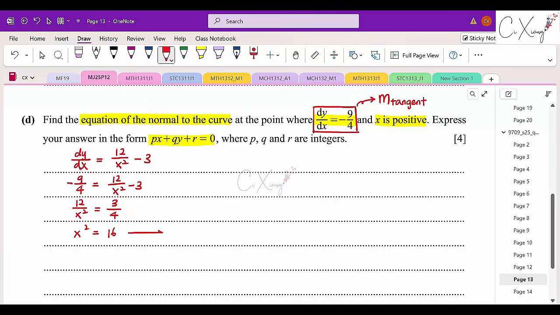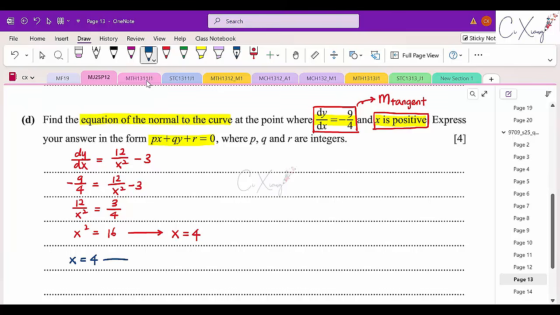For this question, they are talking about the positive value of x only. When you solve this equation, you get x equals plus or minus 4, but we only consider the positive value, therefore I only take x equals 4. Now that I know x equals 4, next I want to find the value of y.